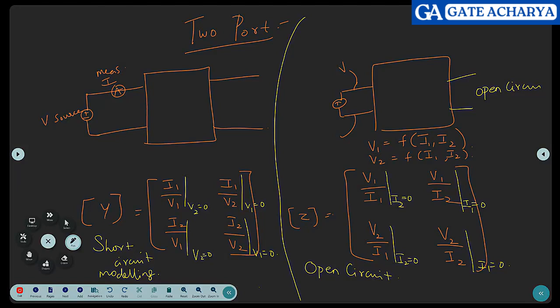So I'm going to give you a simple circuit and see if you can get a Z matrix. If you have a circuit like this, 2 ohms, 4 ohms, 6 ohms, can you get a Z matrix for this?